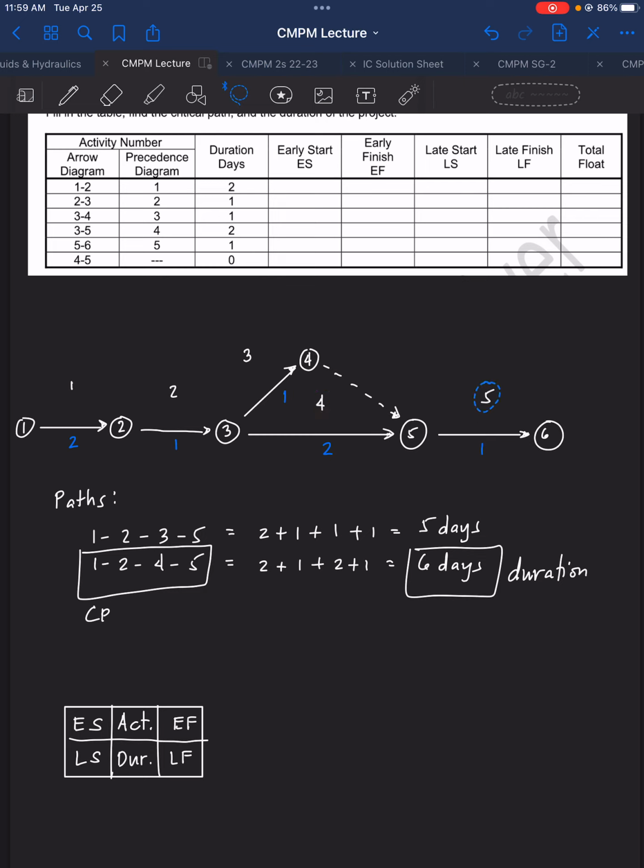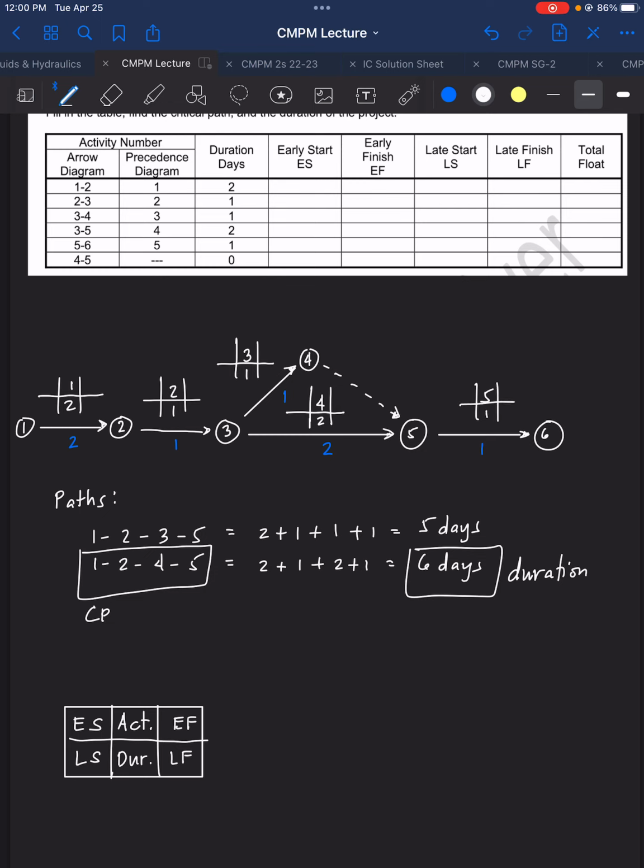I should have made it bigger. Remember that activity number 1 has a 2-day duration. Activity 2 has 1 day duration. Activity 3 has 1 day duration. Activity 4 has 2 days duration. Activity 5 has 1 day duration.